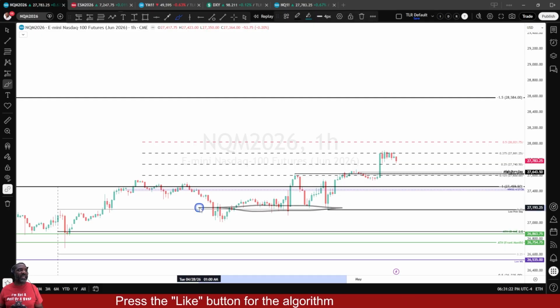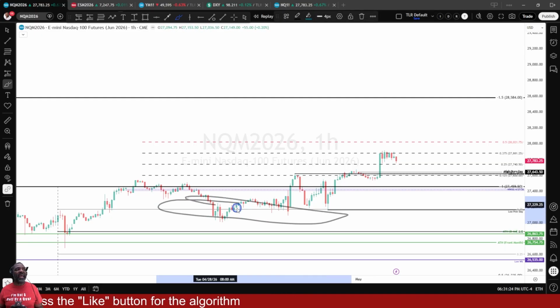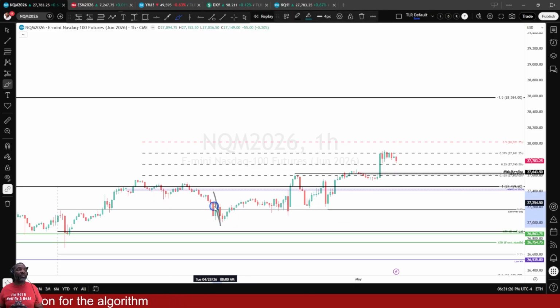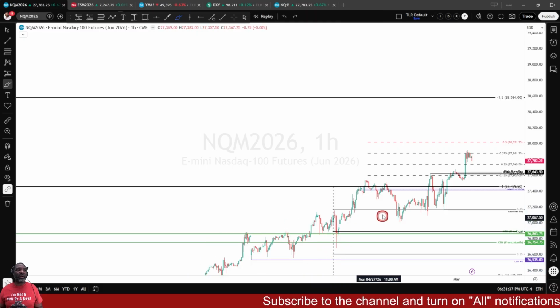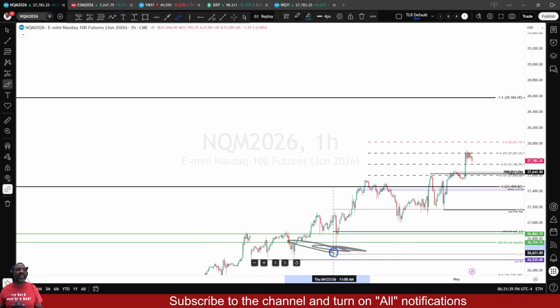We were seeing discount sensitivity at that upper quadrant. The algorithm was unwilling to drop down and invalidate this last expansion leg of our buy program. It was unwilling to come down and invalidate.